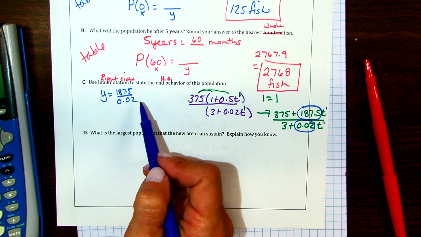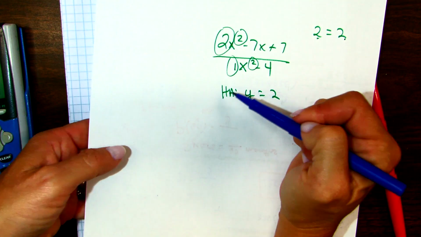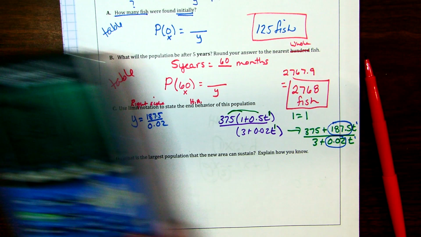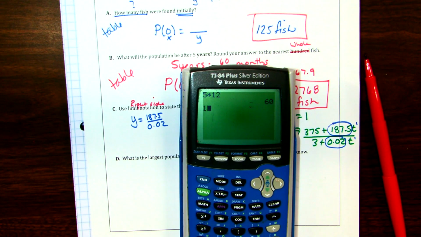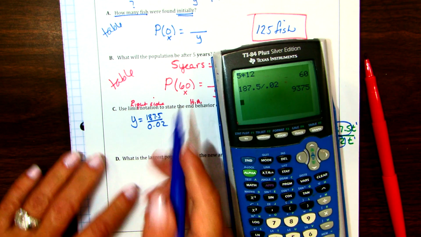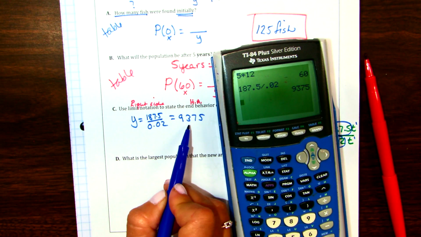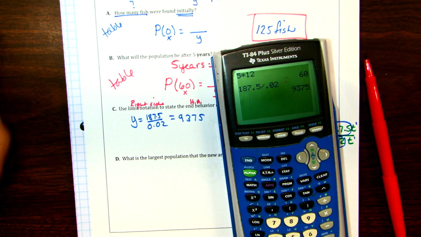This is real world math. It's not going to always be perfect, like 2 over 1 is 2. I can put that in my calculator, 187.5 divided by 0.02, and that is my horizontal asymptote. That's the highest number of fish we're going to get according to our equation, okay?